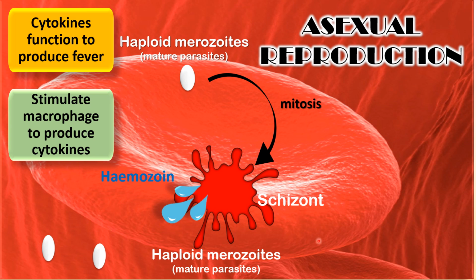Whereas in the case of the red blood cell, the asexual reproduction is where the merozoites multiply to form more merozoites. Let us continue further to understand that it is not only the asexual reproduction that happens in the red blood cell.